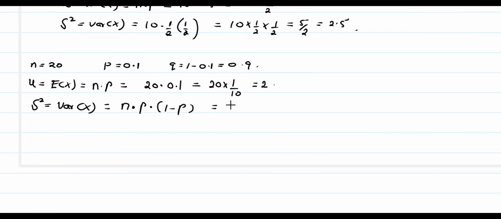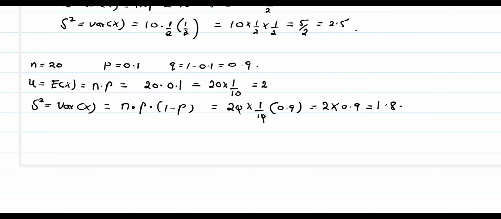That is 20 multiplied by 1 over 10, multiplied by 1 minus p, which is 0.9. If I cancel, I remain with 2 multiplied by 0.9, which is 1.8. And that becomes the variance.